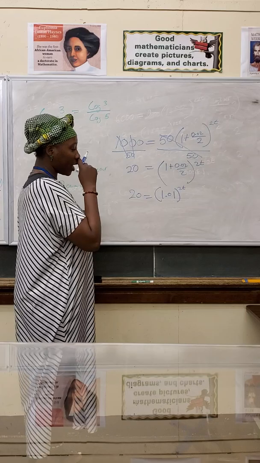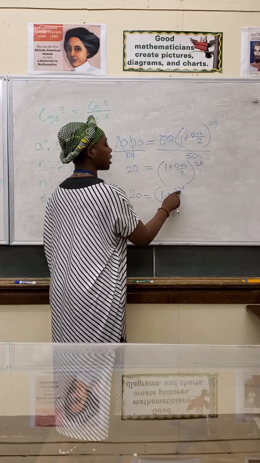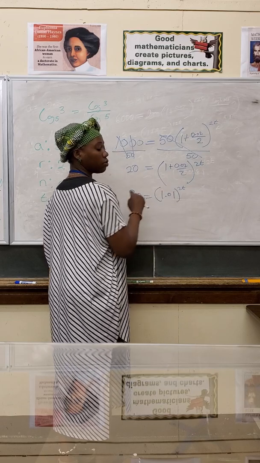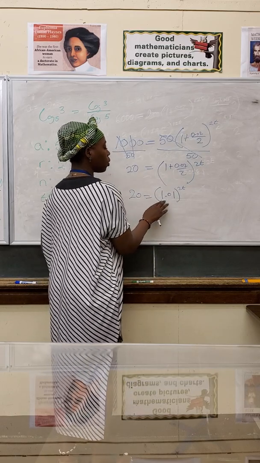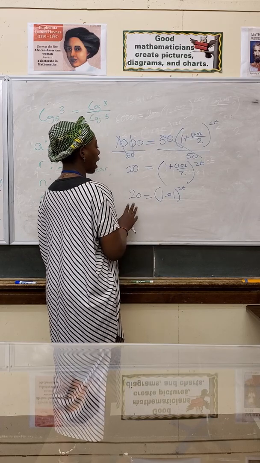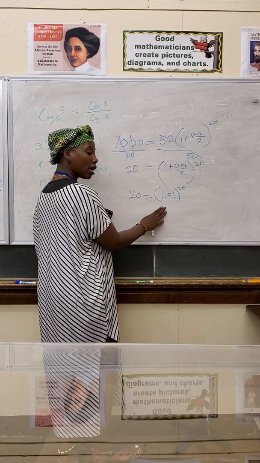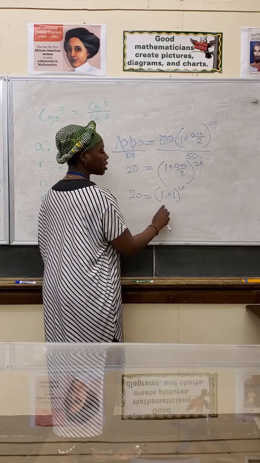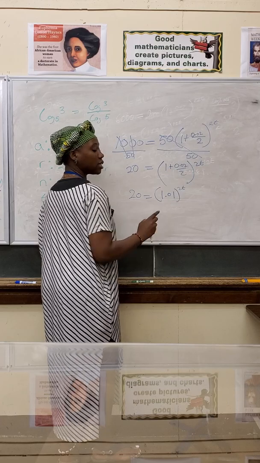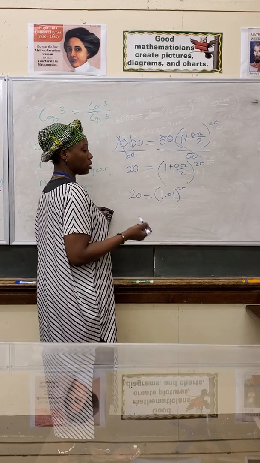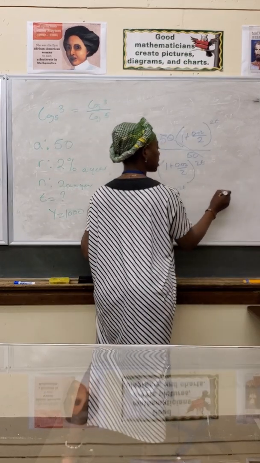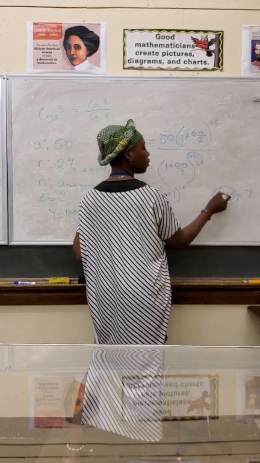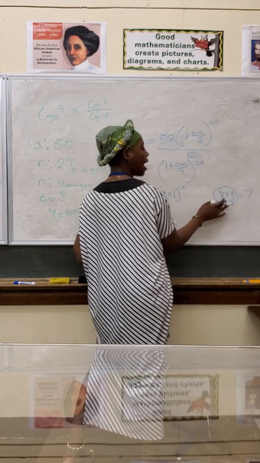Now, typically, if we had a standard equation, we wanted to get 2t by itself, so we need to get rid of this 1.01. And like I said, in order to get rid of this 1.01, we would have to raise each side to the log. We could raise them both to the log in base 10, or we can raise it to log base 1.01, because then they would cancel out. Keep in mind, if you had x plus 3 equals 7, you would focus on this side of the equation and subtract 3 from both sides to get x by itself.